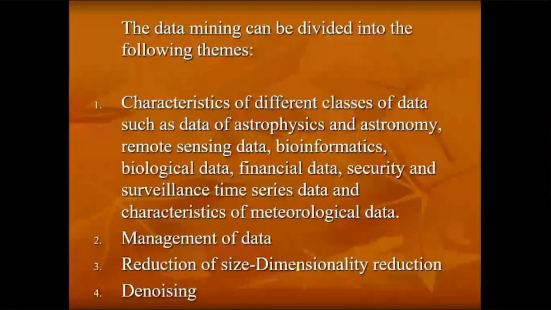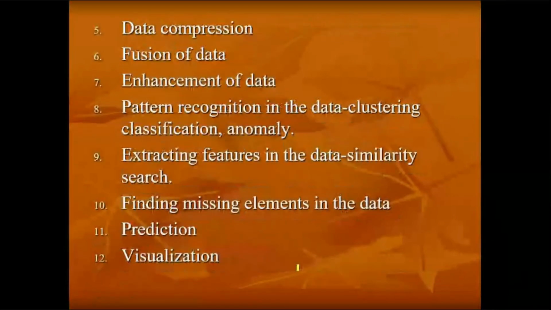And the fourth point is denoising. If the data comes from any field, maybe the data is blurred or noisy, then how can we denoise it, how can we deblur it. So denoising is also a very important task. Data compression, fusion of data, enhancement of data, pattern recognition in data, clustering, classification, anomaly.